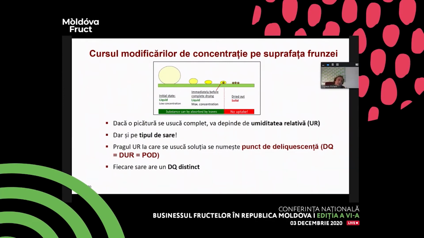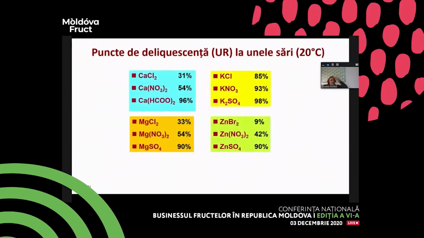It depends a little bit on temperature, sometimes more, sometimes less. Potassium nitrate, for example, strongly depends on temperature. Other salts are less temperature dependent. A little bit, so we have to take it into account.